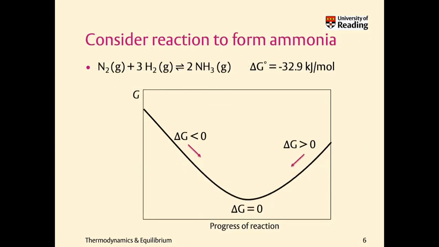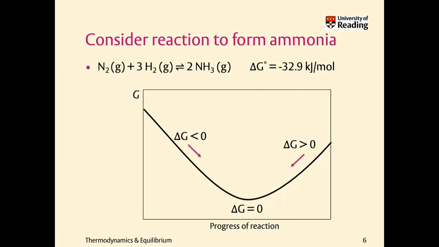For the forward reaction, the standard change in Gibbs free energy for this reaction is minus 32.9. This is the reaction we're going to focus on, the formation of ammonia. This means that it is an exothermic reaction going from reactants to products, and that the reactants have a higher total energy compared to the products.